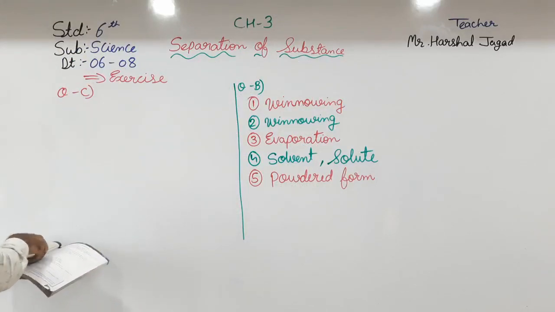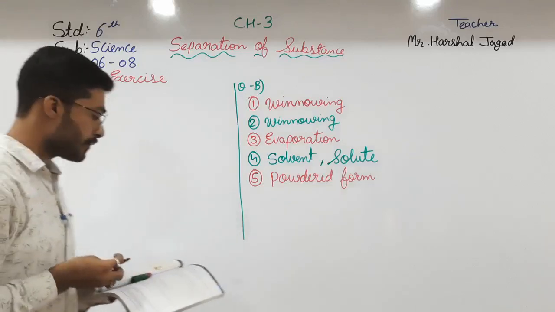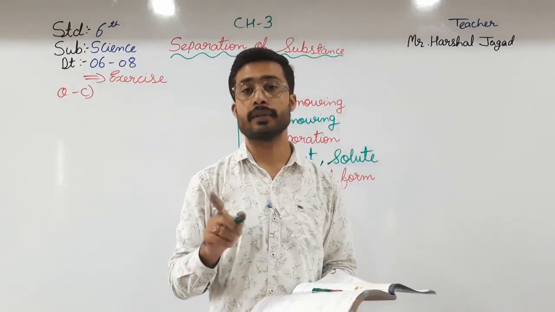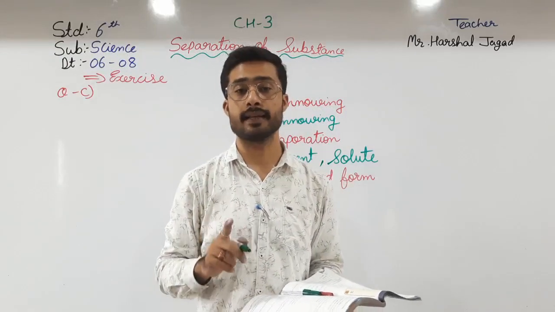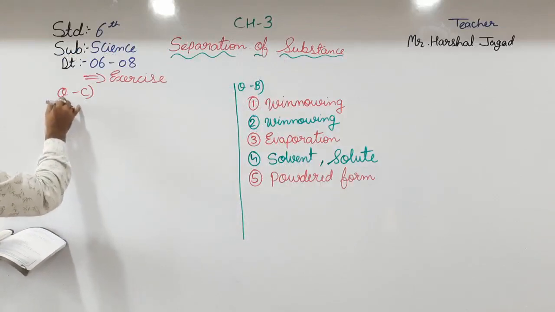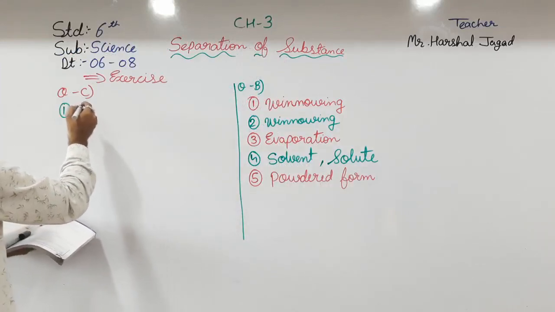First one: winnowing involves beating the grains. No, winnowing doesn't involve beating the grains, but the threshing process involves beating the grains. So in the first one it will be threshing.